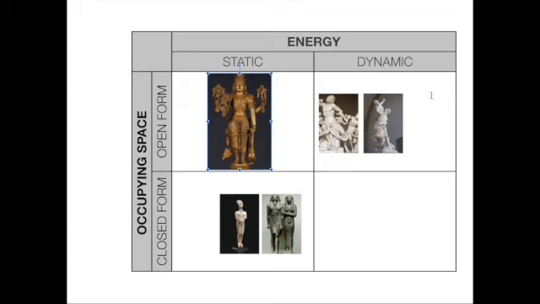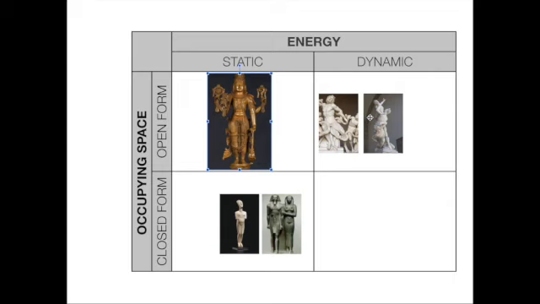You could also make an argument that it is over here on this side, that it's dynamic, right? What you do need to be aware of is that sometimes there's not always going to be a perfectly 100% correct answer, right? What you want to get used to is understanding what the criteria are and how you are interpreting those criteria based on the visual evidence that you're seeing in the works that are being presented.